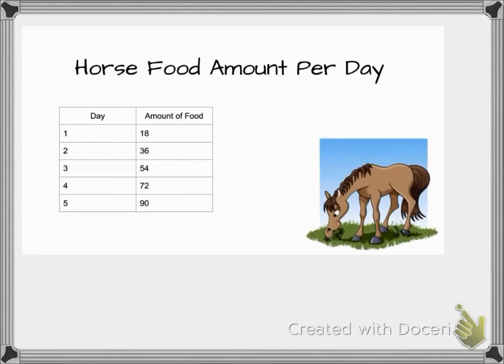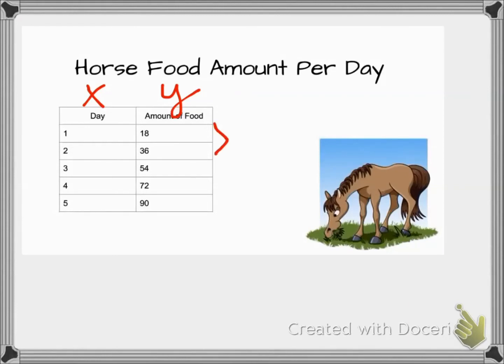The amount our horse eats per day is represented by this table. If you'll remember from earlier in the video, we talked about how to find rate of change from the table, and we used the formula change in y divided by change in x. In this case, our x values are going to be our days, and our y values are the amount of food.